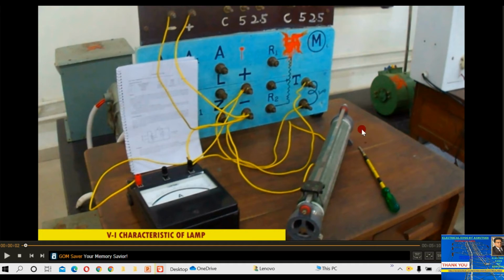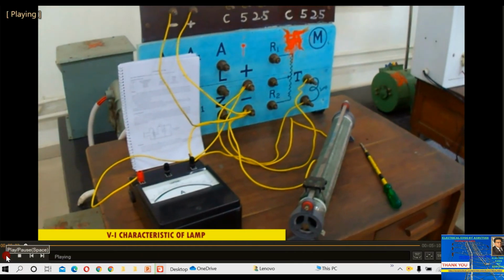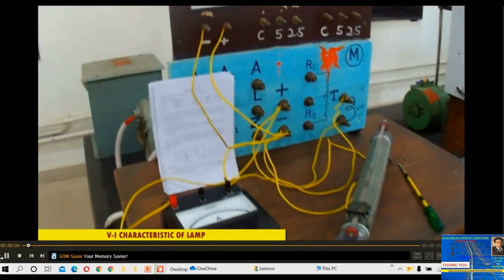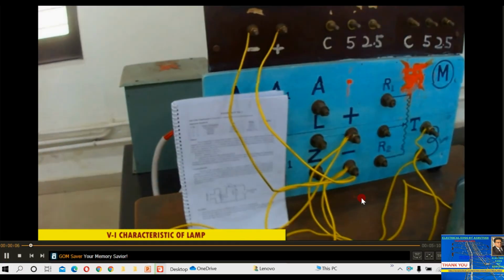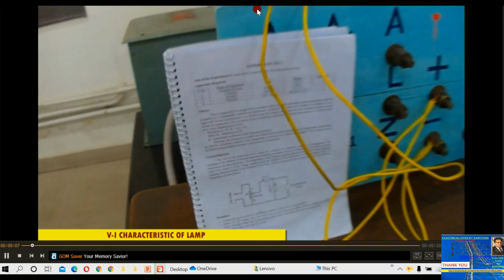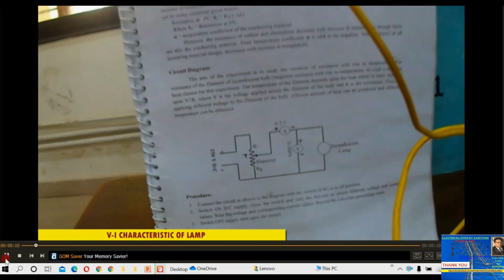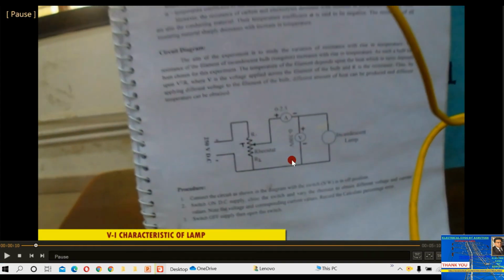You will change the level of DC supply voltage from here, and this is the ammeter. This is the circuit, which is connected as per the circuit diagram. There is a voltmeter on the top side, and this is the circuit diagram. As per this circuit diagram, we have connected the circuit.